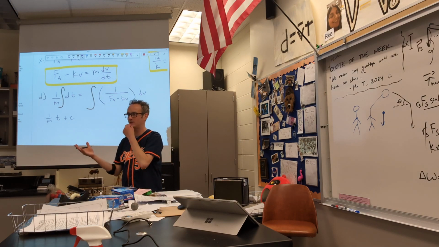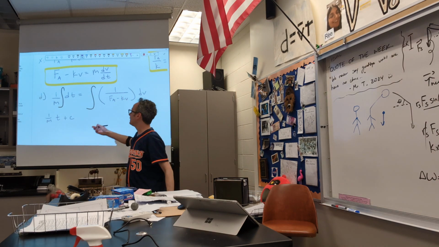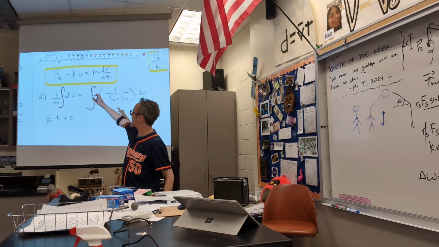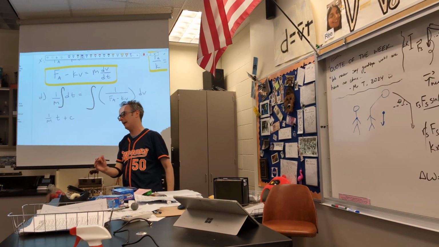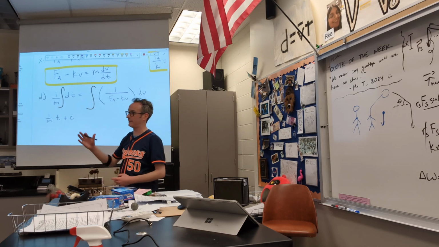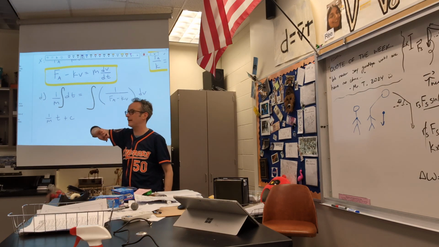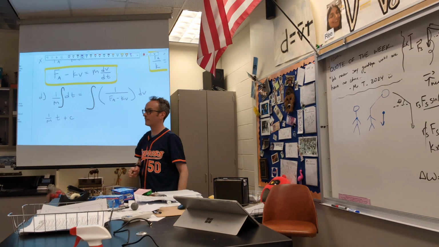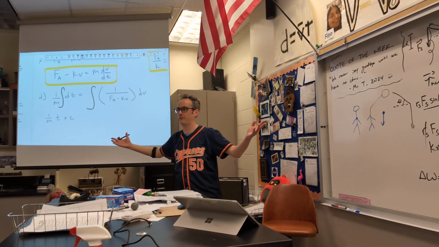And boom, now you know those things, and you can predict anything you want about that situation. Here, using this, I can get the velocity as a function of time. That's the easiest thing to get. Because once I got the velocity as a function of time, I could take the integral to then get the position. And then boom, I got everything, and I can tell you whatever you want about how this is going to work.